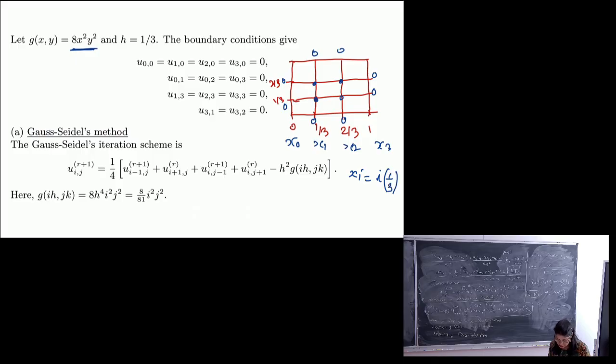And similarly you can write down yj is j times 1 by 3. Okay, so here we are putting the value of f at xi, yj, that will be i by 3 I am using, j by 3 I am using, so I am putting that value here. Okay.